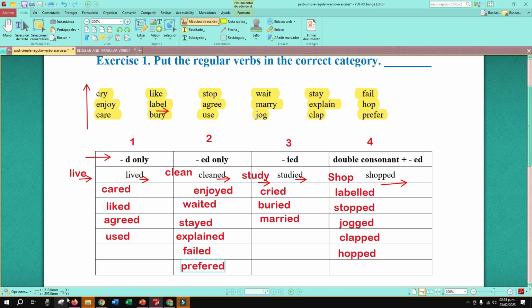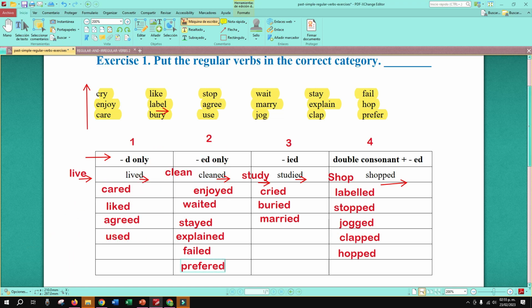So you have lived, cared, liked, agreed, used, cleaned, enjoyed, waited, stayed, explained, failed, preferred, studied, cried, buried, married, shopped, labeled, stopped, judged, clapped, hopped, right? But the T sound there, right?